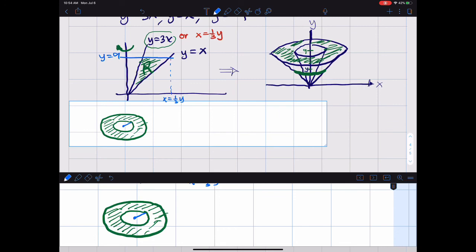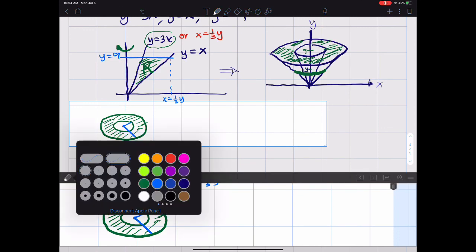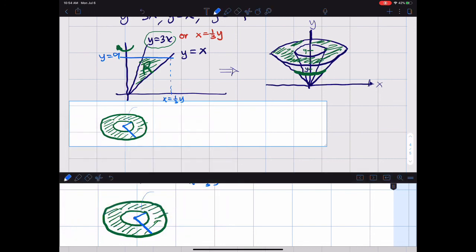So this is the inner radius, and this is the outer radius. The inner radius is x equals 1/3 y, and the outer radius is just going to be y.